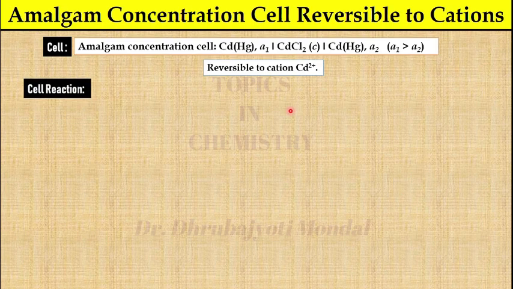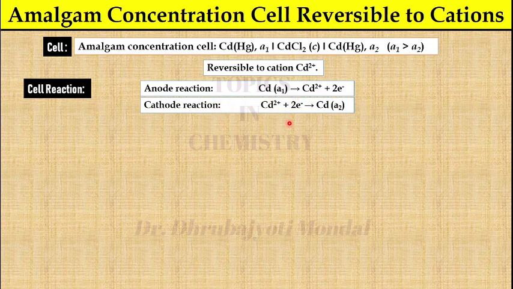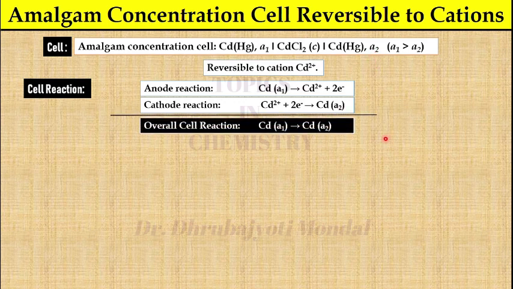So what is the cell reaction? Anode reaction: cadmium of activity A1 converts to cadmium 2 plus plus 2 electrons. How does the cathode reaction go? Cadmium 2 plus takes 2 electrons, converts to cadmium of activity A2. So what is the overall reaction? Cadmium A1 converts to cadmium A2.